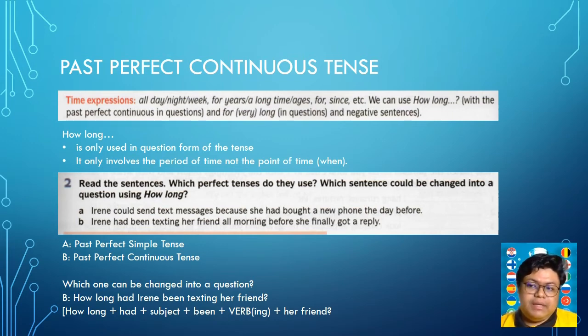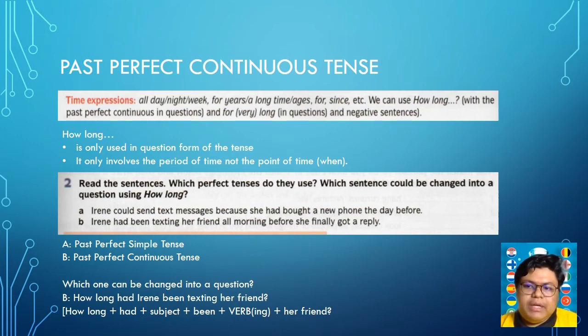Okay, let's look at the example here. Read the sentences. Which perfect tenses do they use? Which sentence could be changed into a question using how long? Ada dua ayat kat sini. A: Irene could send text messages because she had bought a new phone the day before.